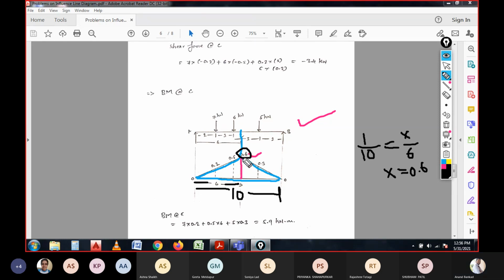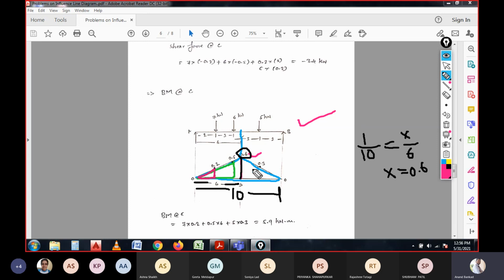So now if you have the apex, that is the coefficient value for this line as 0.6, now it is time to calculate the remaining points. Again it is nothing but taking similar triangles at this point. And again if you consider another one, that is a similar triangle like this.